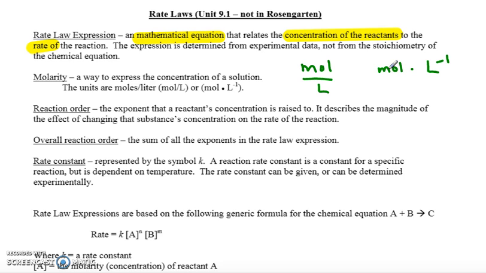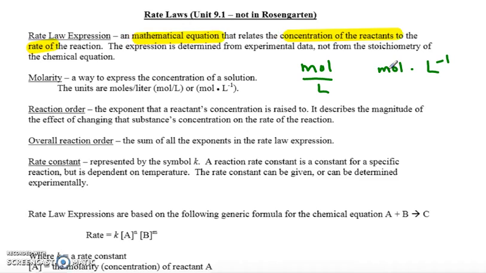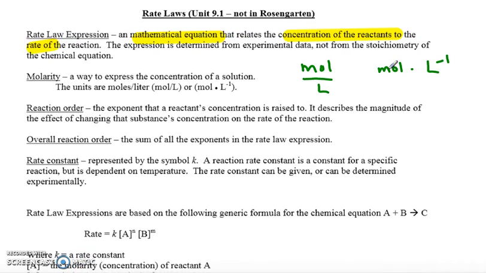Rate law expressions are based on the following generic formula for the chemical equation. This is based on A plus B turning into C, and it will have this form right here. The rate is equal to the rate constant times, brackets right here are referring to the concentration, the molarity.